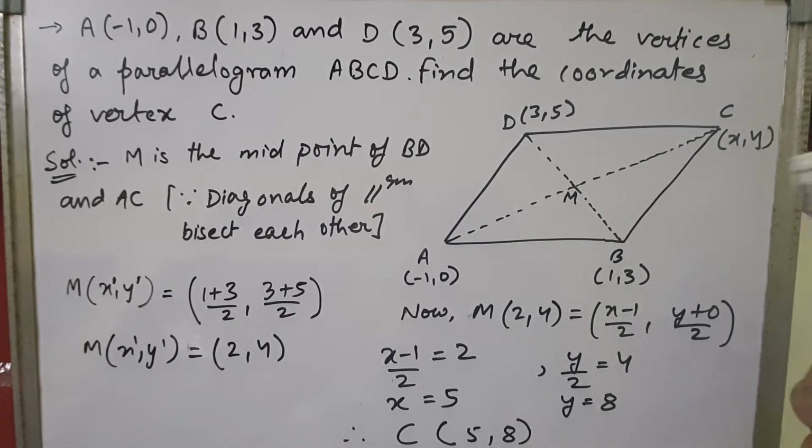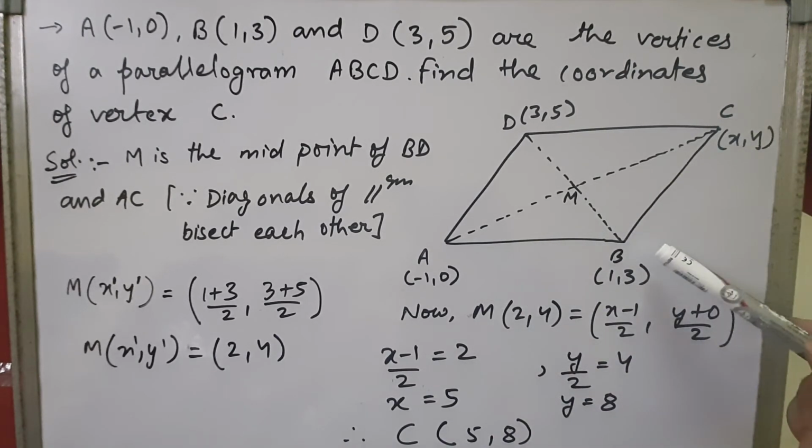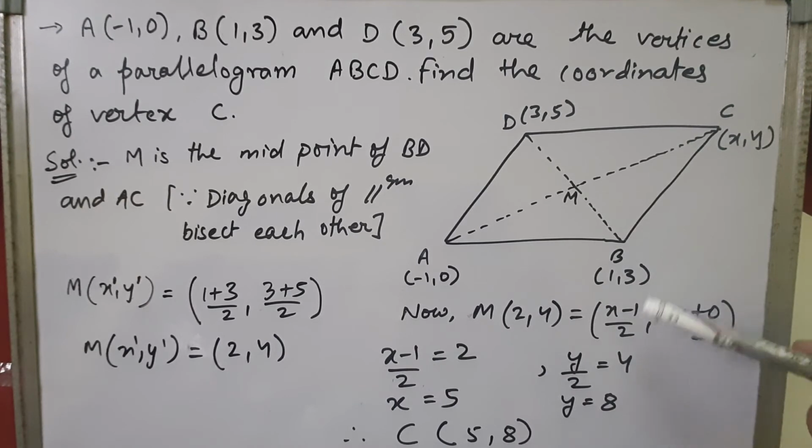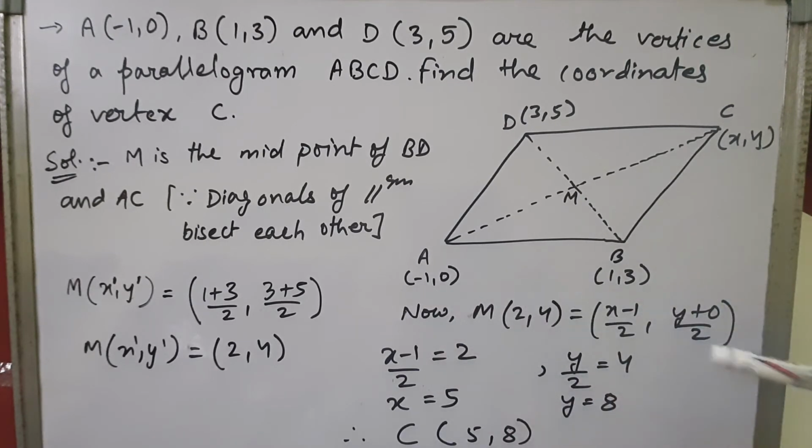Now if we calculate the midpoint from AC, because BD and AC both have the same midpoint, M 2 comma 4 will be equal to x plus (minus 1) upon 2 and y plus 0 upon 2.